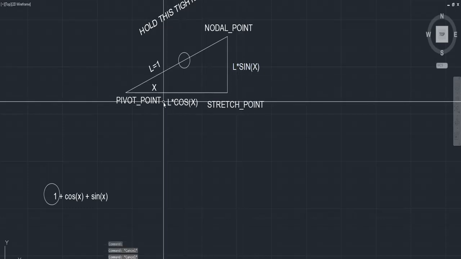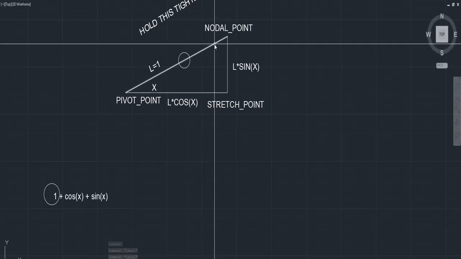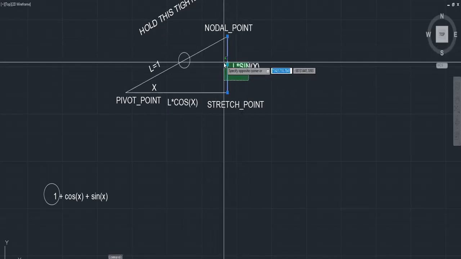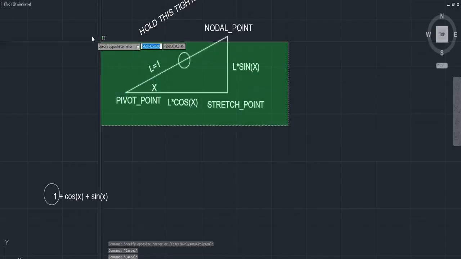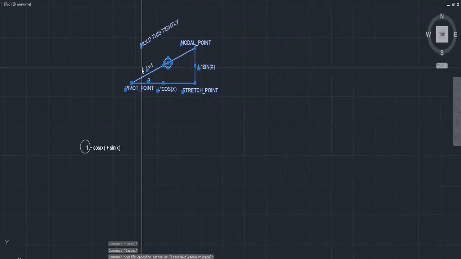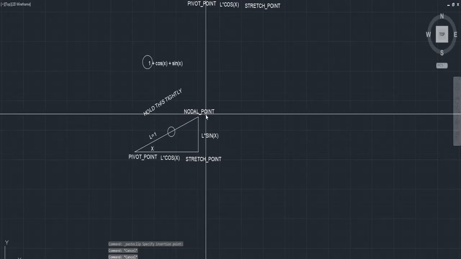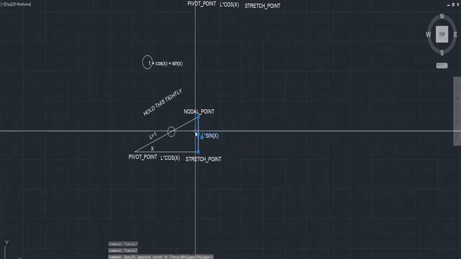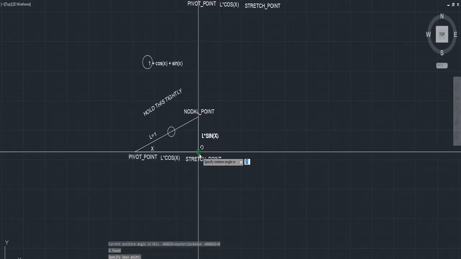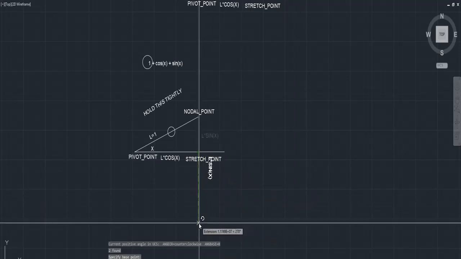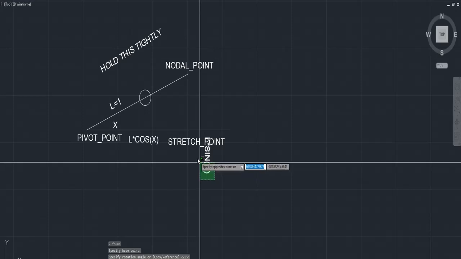To do that, we have to cut the point at the nodal point, otherwise we cannot get this effect. We have to consider the geometry like this. We will cut at the nodal point, then rotate this L sin x about the stretch point, so that cos x and sin x become collinear.